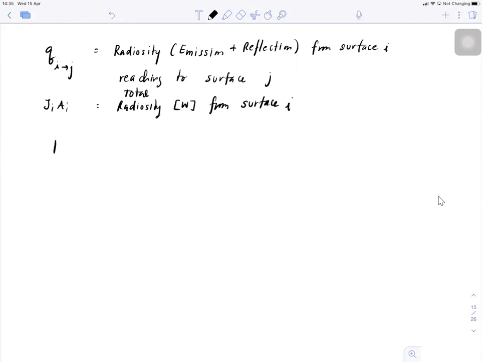Okay, and we learn about F_ij. F_ij is Q_i to j over G_i A_i. So the ratio would be less than 1, equal to 1 in case that the j is covering the surface i.